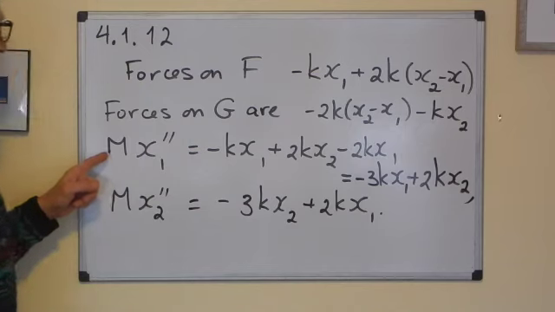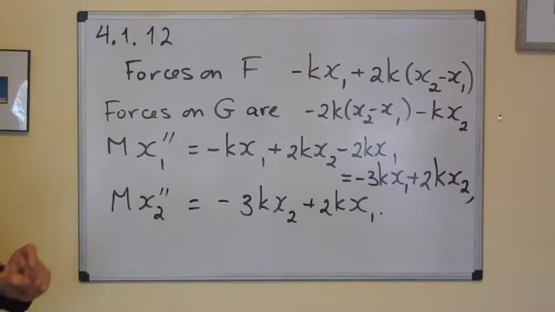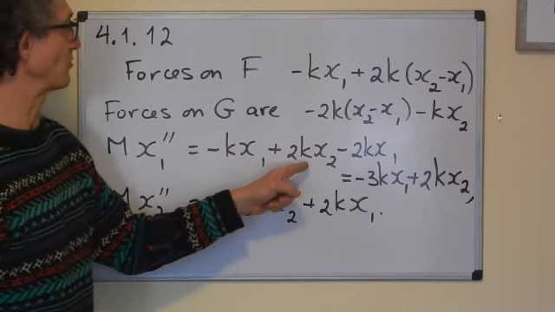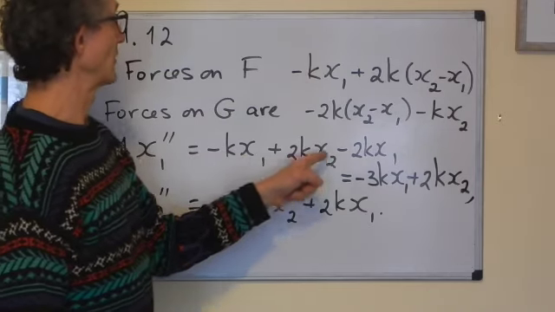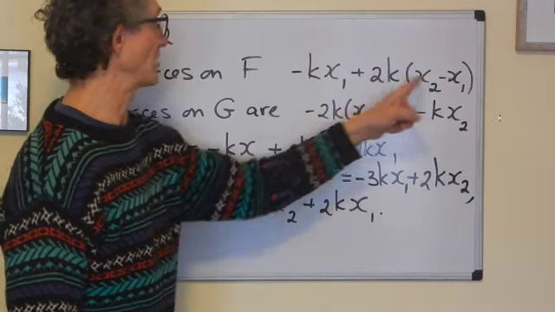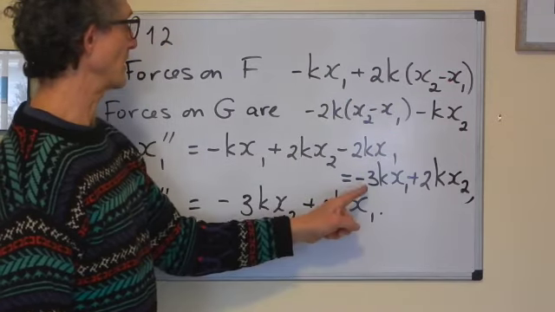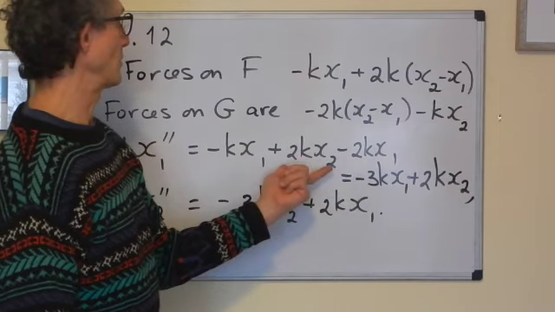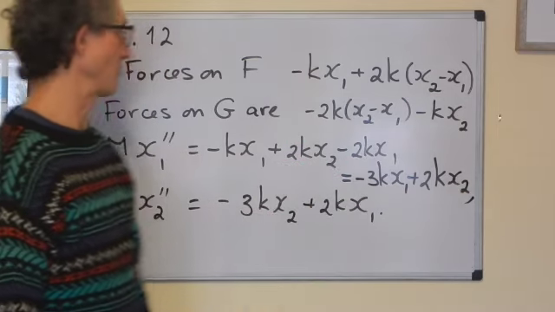And so the forces are the mass times the acceleration. And so we have minus kx1 plus 2k(x2 minus x1), altogether minus 3k x1 and plus 2k x2.